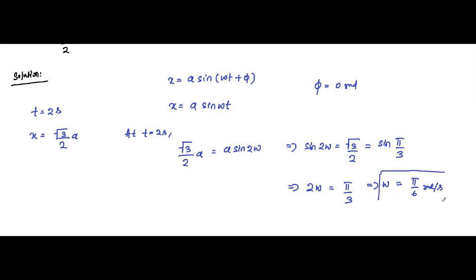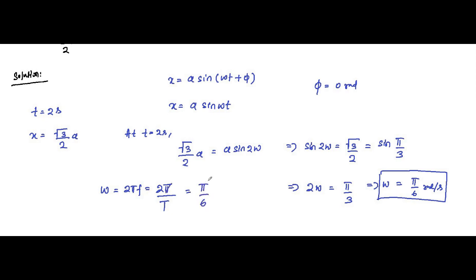So now we know that omega is equal to pi by 6 radians per second. We know omega is equal to 2 pi f, where f is the frequency in hertz, or second inverse, and this is equal to 2 pi by capital T, which is the time period. So 2 pi by T is equal to pi by 6.